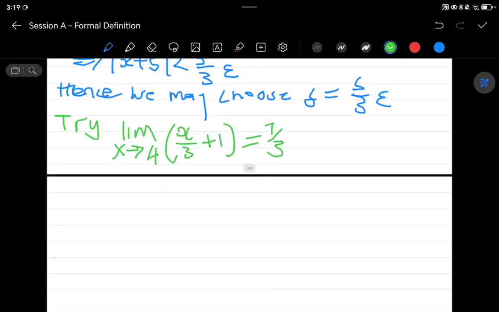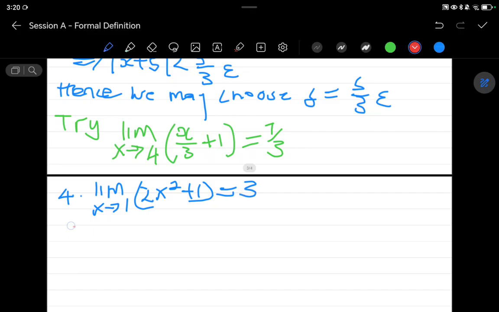And now we come to this question. It says if we're given the limit as x approaches 1 of 2x squared plus 1, this is equal to 3.